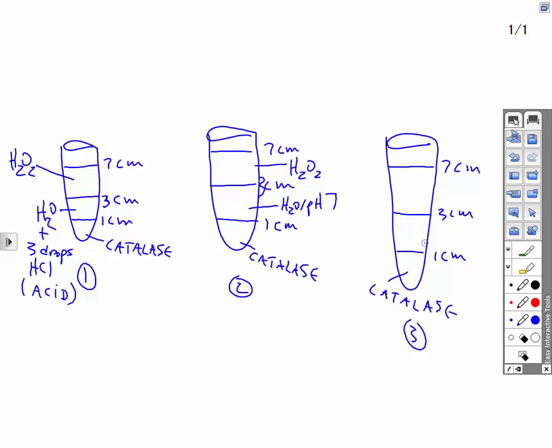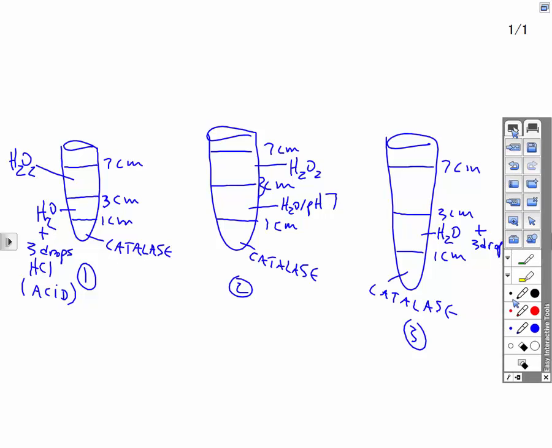This is going to be adjusted with a base. So it will be plain water, plus we're going to put in, let's say, 3 drops of sodium hydroxide, which is a base, NaOH. All right, so 3 drops of that. And then to the last mark, which would be the 7, we're going to add our hydrogen peroxide.